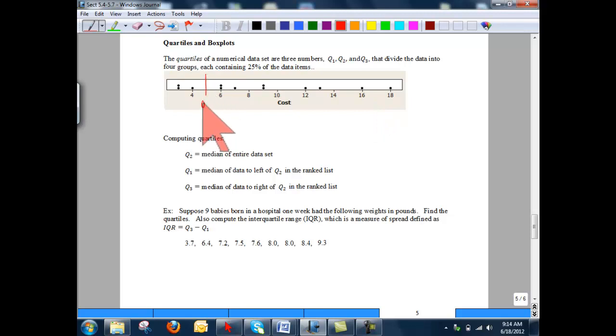So say a Q1, the first quartile, splits the data set here, and then there's a Q2 and a Q3, and 3 quartiles actually split the data into 4 groups, 1, 2, 3, 4, and each of the 4 groups, notice, contains 1/4 or 25% of the data items. 25% of 12 is 3.